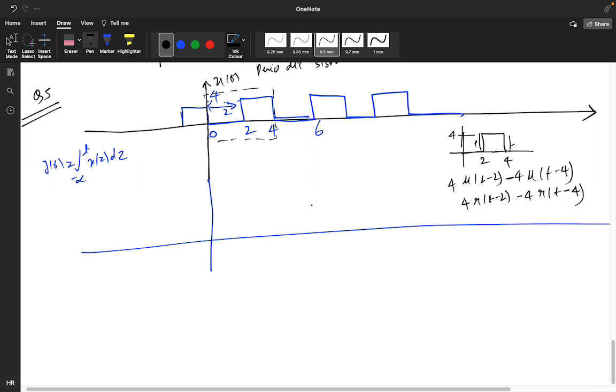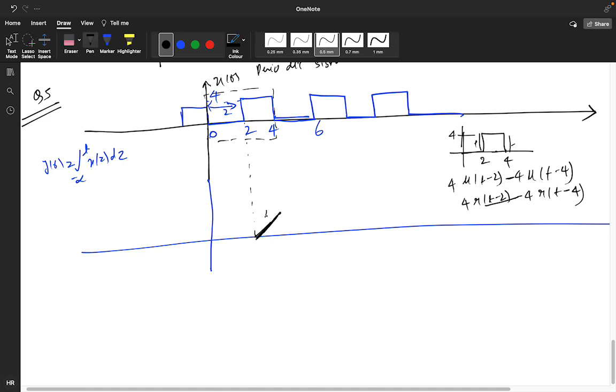If you see this particular section, you are getting 4 r of t minus 2, meaning at this point they are starting, from 0 to 2. It's starting from 2, so the curve will start from here.